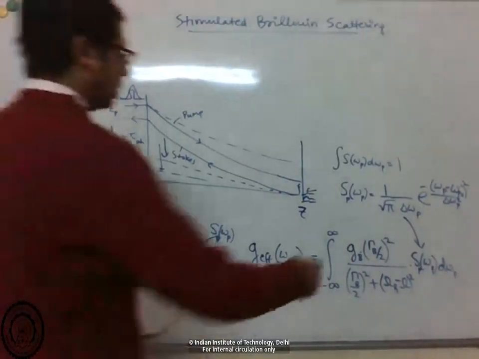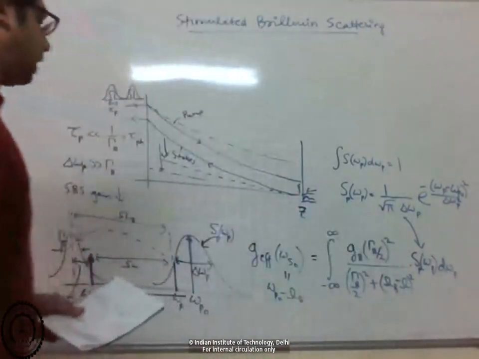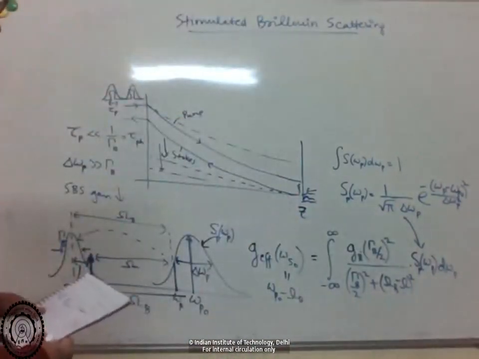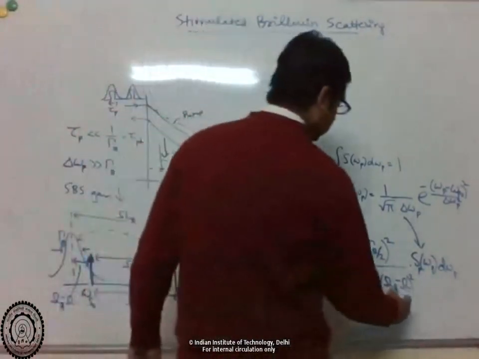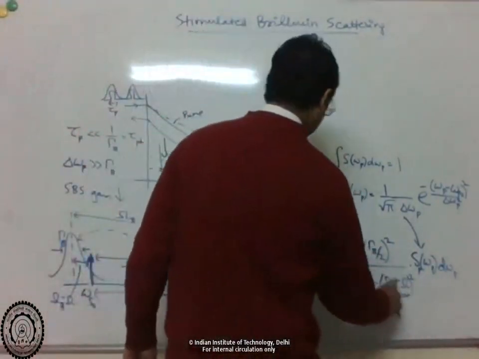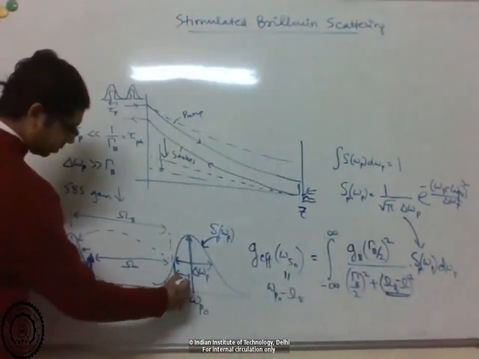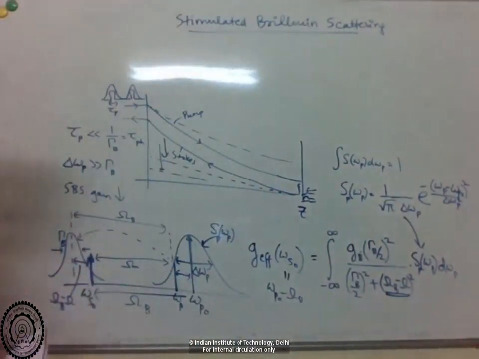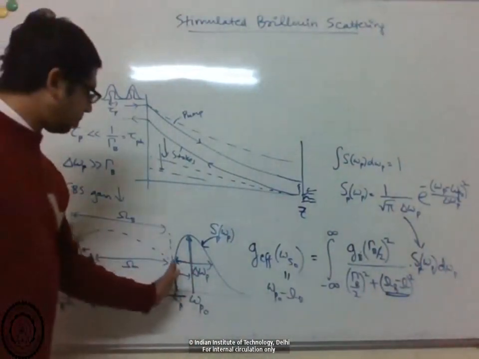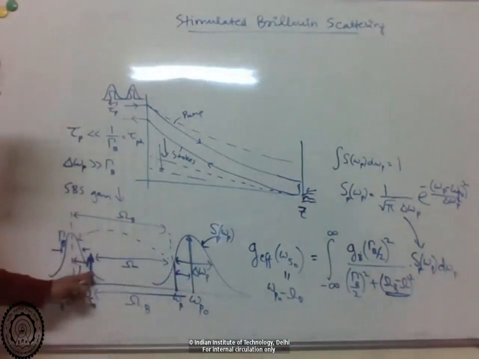Basically, we need to solve this integral. One thing to see is that this factor, omega b minus omega, is the same as this quantity here. Basically, how much the pump is shifted from the center frequency is how much this is detuned from the peak.